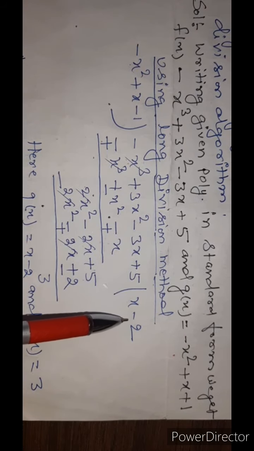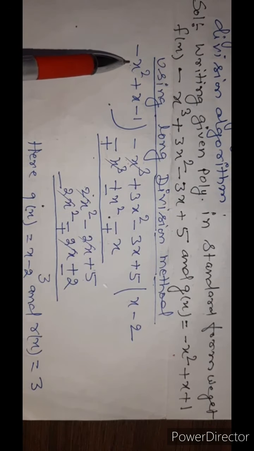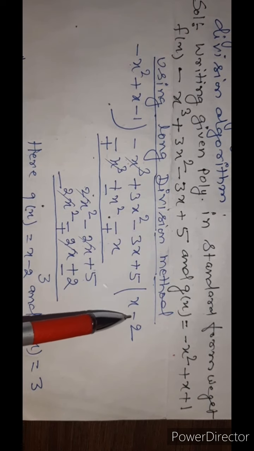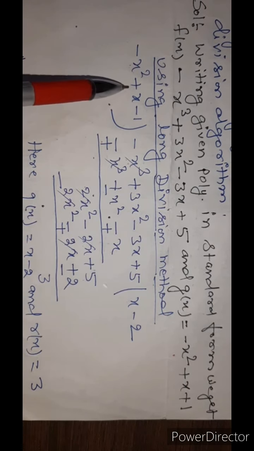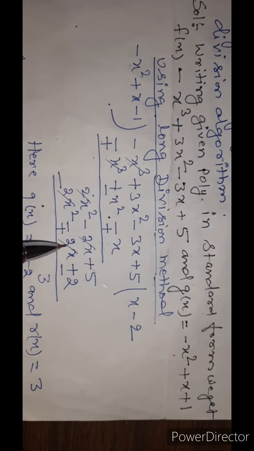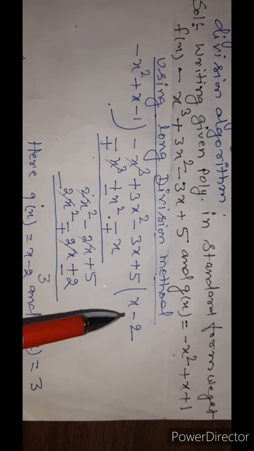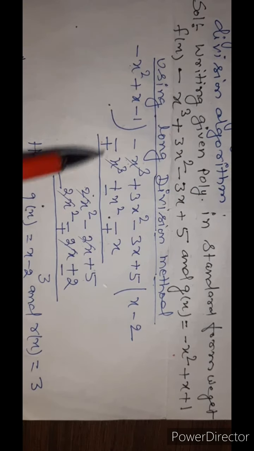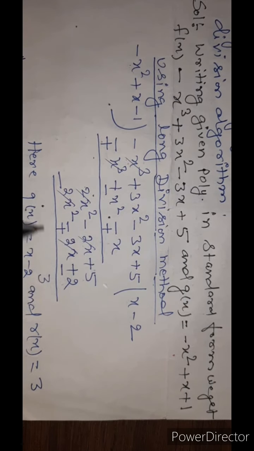When we multiply minus 2 into minus x square, it will be plus 2x square. When minus 2 is multiplied by plus x, it will be minus 2x. Again minus 2 multiplied by minus 1 will be plus 2. Again after changing the sign, we get as a result 3 as a remainder.